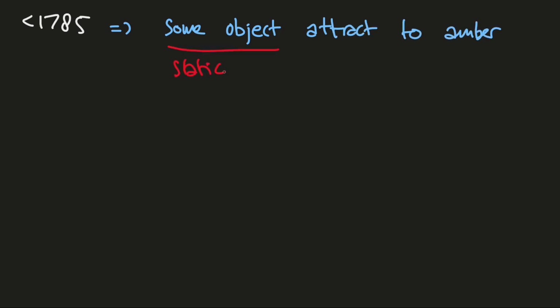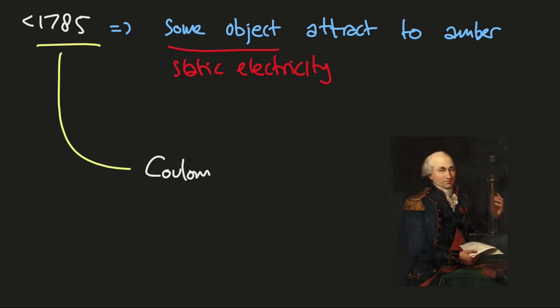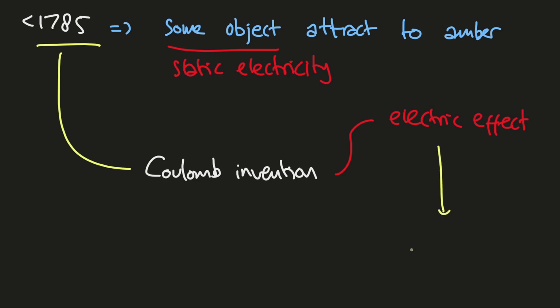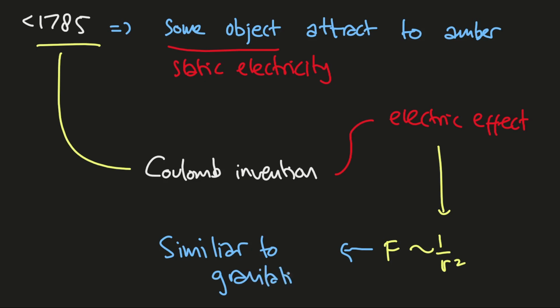Before 1785, scientists found that some objects were attracted to amber, which we now know as static electricity. Then in that year, Coulomb described the electric effect on objects, where the electric force is proportional to 1/r squared, an inverse square law similar to gravitation.